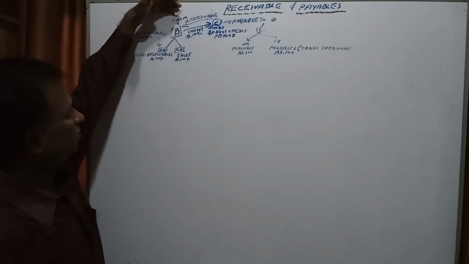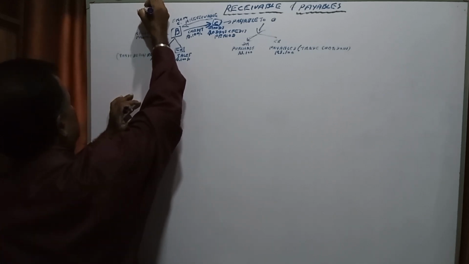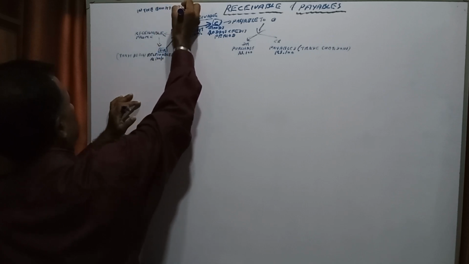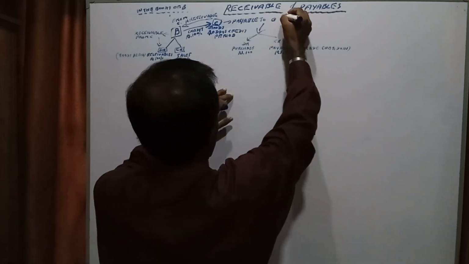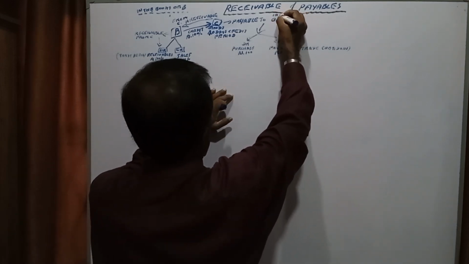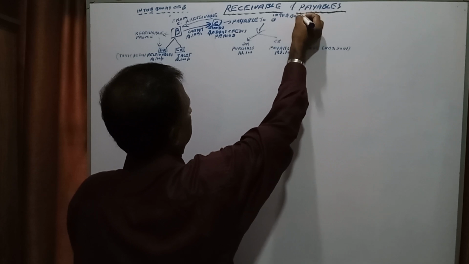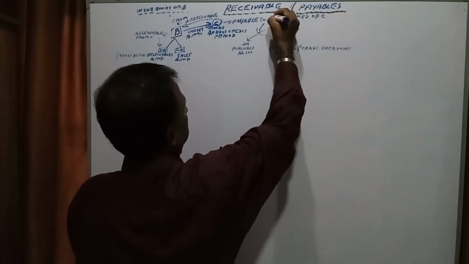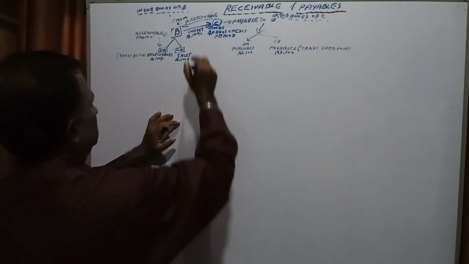Understood? This is in the books of B, and this is in the books of C. This is the dividing point.